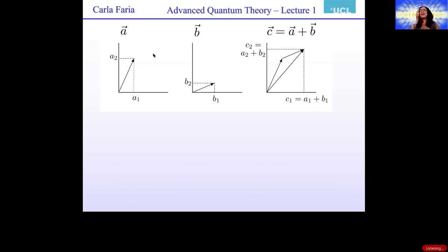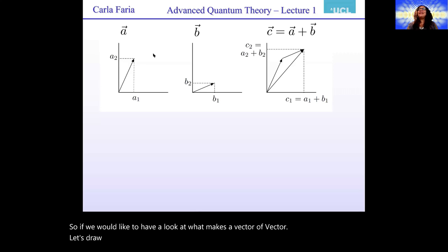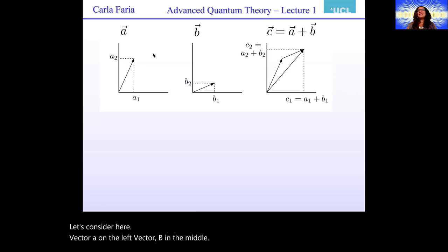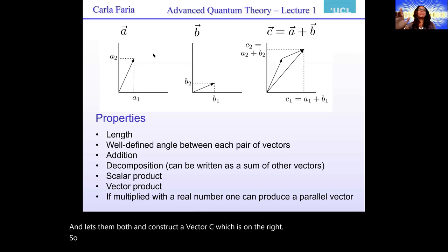So if we would like to have a look at what makes a vector, let's draw three vectors. Let's consider here vector A on the left, vector B in the middle, and let's sum both and construct a vector C, which is on the right. So what properties do these vectors have?